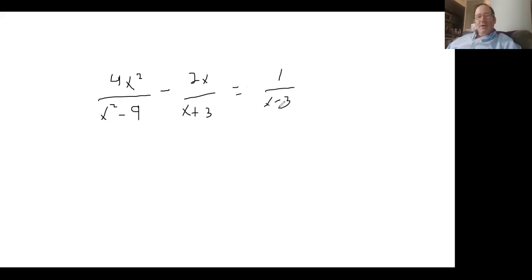Right away I noticed this is going to be the difference of squares right here, this term. So I'm going to change that to x plus 3 times x minus 3.